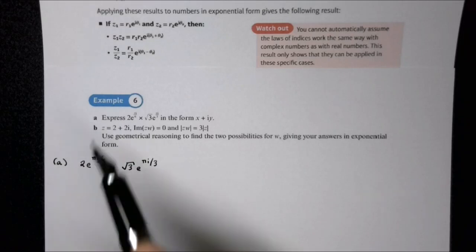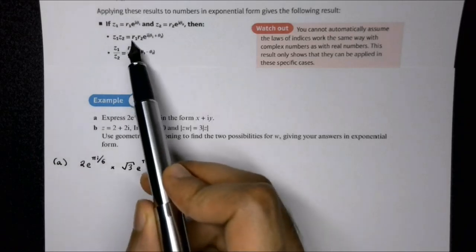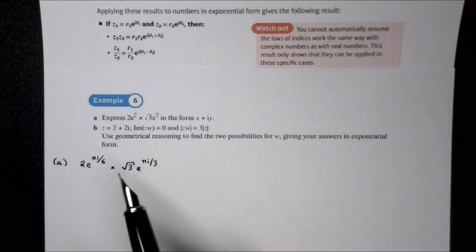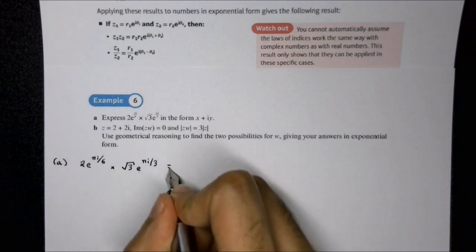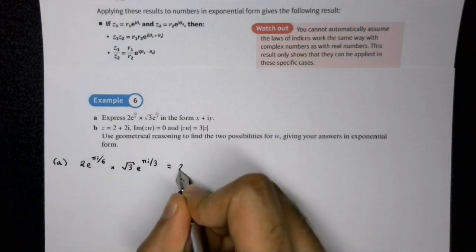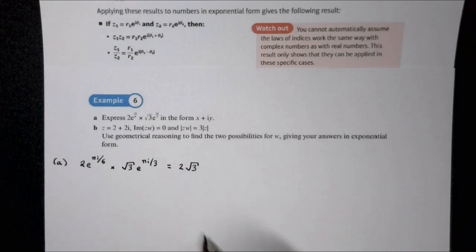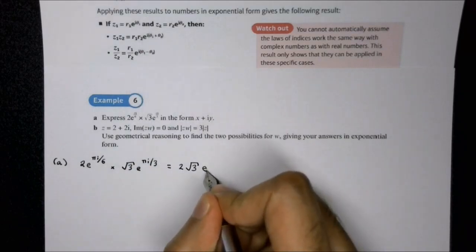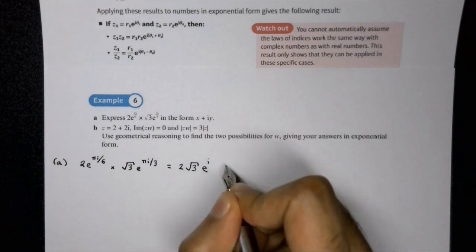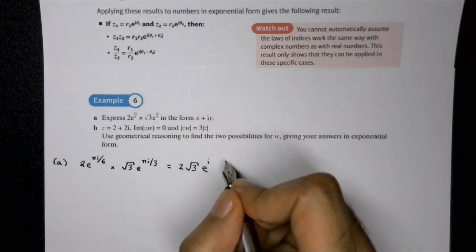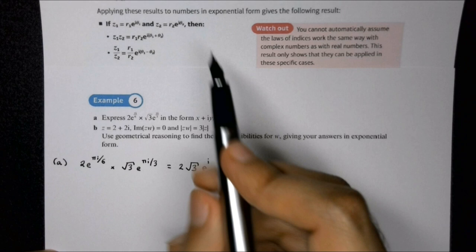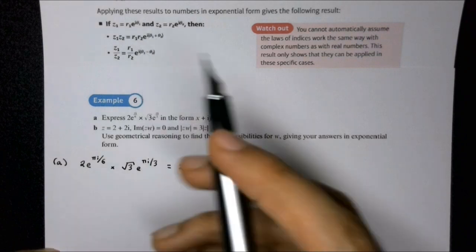So we need to first of all multiply r1 and r2 together. In other words, we need to multiply the 2 and the root 3 together. So if we do that, we have 2 times root 3, which is 2 root 3, and then we have this multiplied by e, and then we raise this e to the power of i, and then what we do over here is simply add the powers as we see in the rule over here.